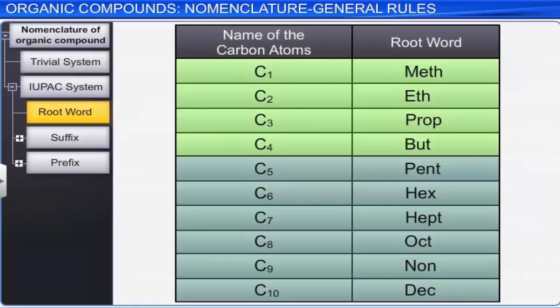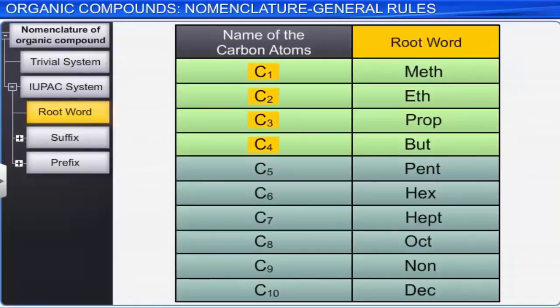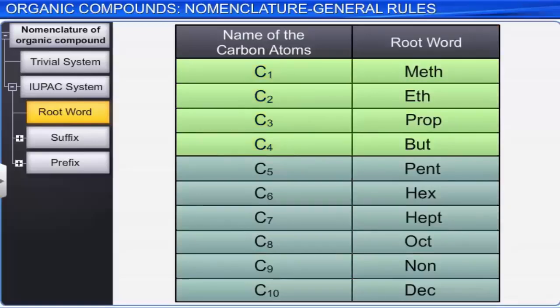A chain which consists of up to 4 carbon atoms is assigned special word roots based on the common names of alkanes. Thus, the word root for 1 carbon atom is meth, 2 carbon atoms is eth, 3 carbon atoms is prop, and 4 carbon atoms is but.